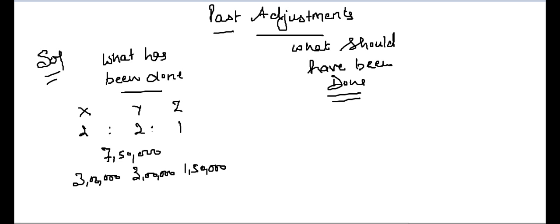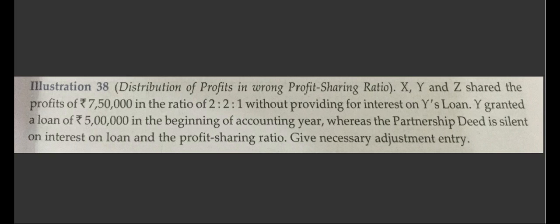But according to the provisions of the partnership law, this is wrong. Why is it wrong? Because the question says that interest on Y's loan has not been provided. First of all, the very first thing is the partnership deed is silent. Now the provisions of the Indian Partnership Act will apply. And what is the provision relating to the partner's loan in the Indian Partnership Act?